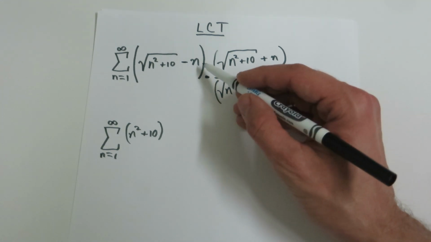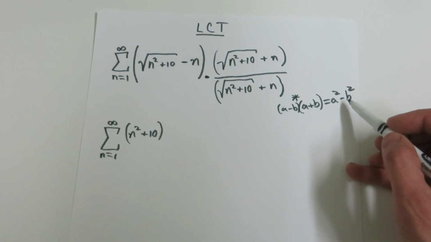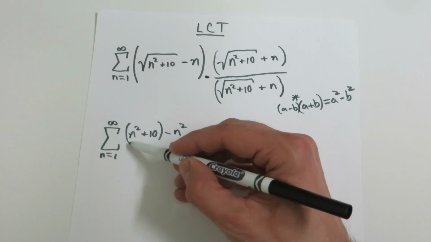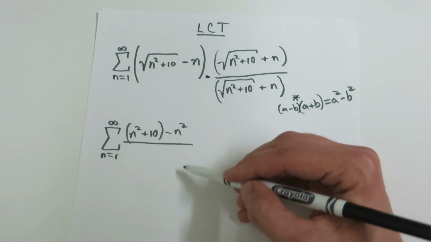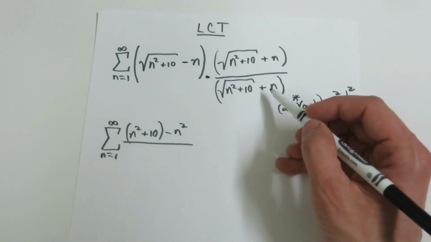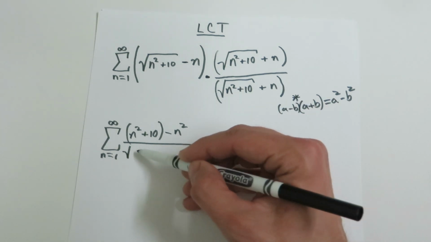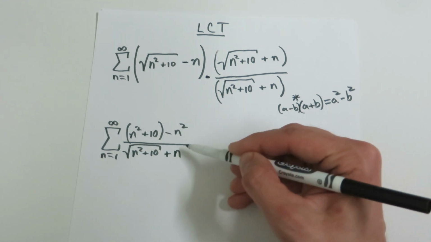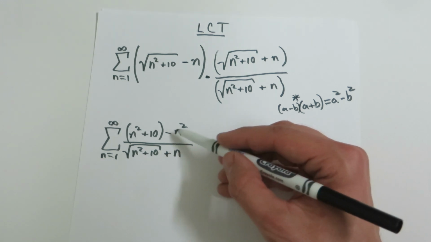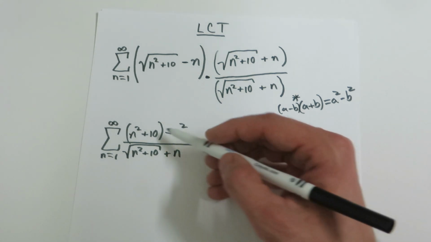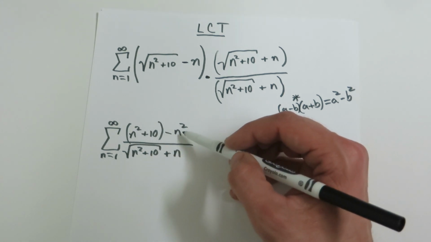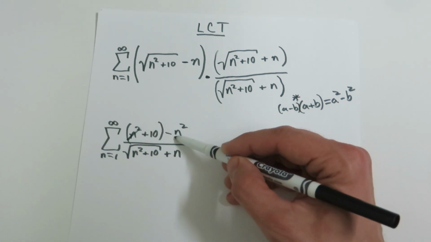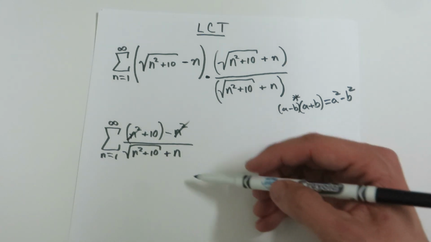Our b term is just going to be this n here, so that's going to give us a minus n squared, according to our difference of squares. And then we are just going to have all of that over root n squared plus 10 plus n. So now we have some addition, which hopefully would make this a little easier to work with. Notice that we have n squared here, and over here we have a minus n squared. So our n squared terms in the numerator are just going to cancel each other out. That's just going to give us a 10 on top.